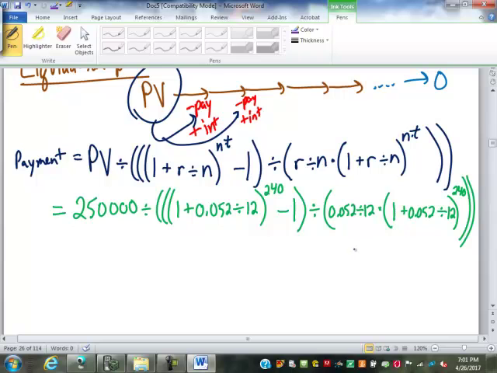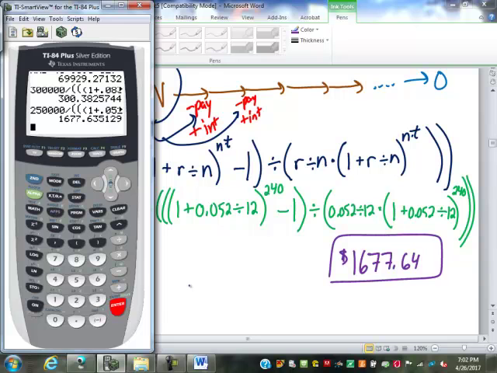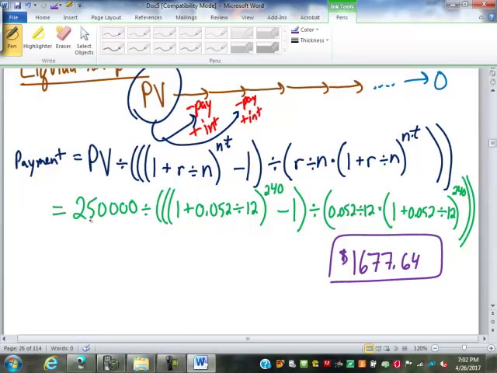Your calculator should be able to handle it, so let's punch it again, keystroke by keystroke. 250,000 divided by 3, open parentheses, 1 plus 0.052 divided by 12, close parentheses, to the power of 240.